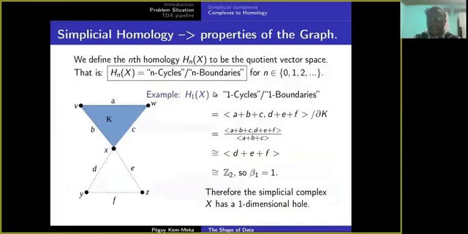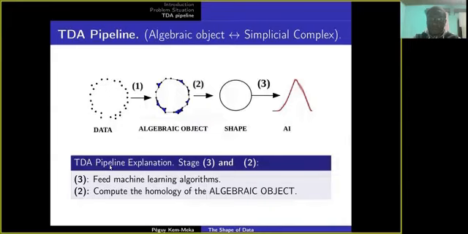For example, we computed the first homology here, and we have seen that there was a hole here. Having now the shape of data, I can do some statistical analysis, or I can fit some machine learning algorithm with it to do some artificial intelligence task.